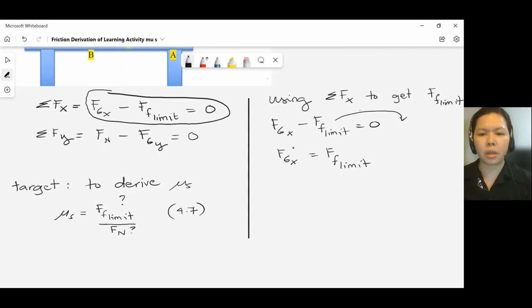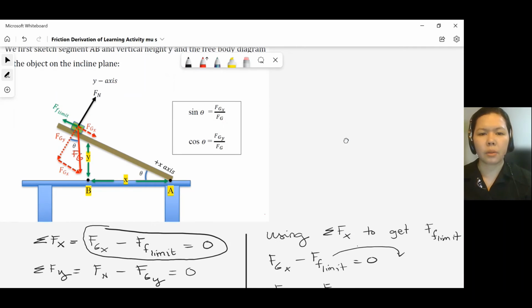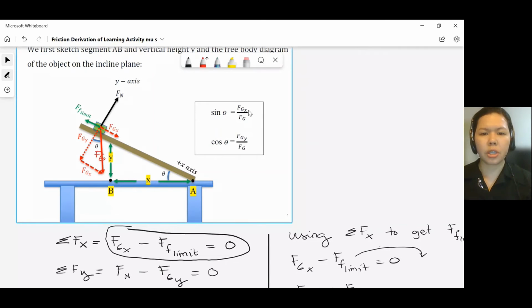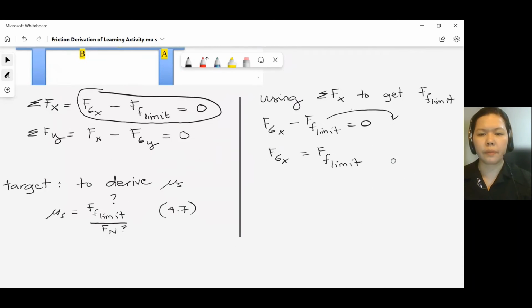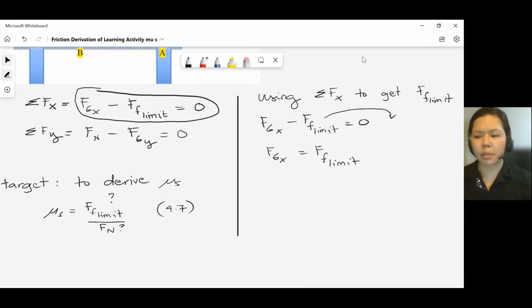Now recall our Fg sub x, the trigonometric equation that we had: sine theta equals Fgx over Fg.